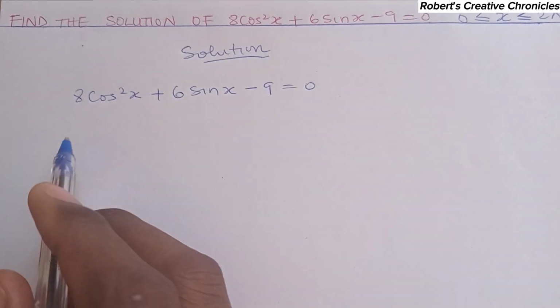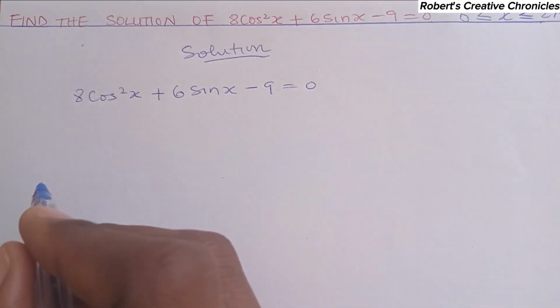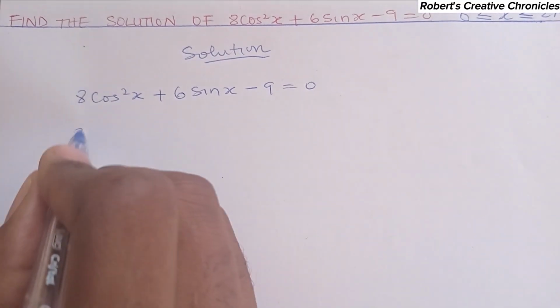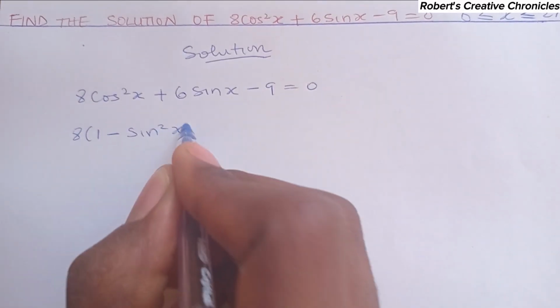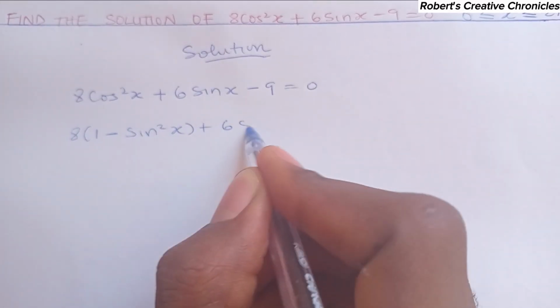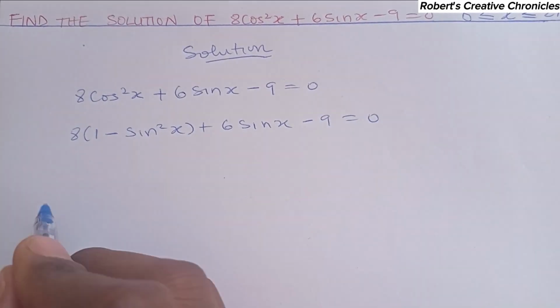And cos square x is equal to 1 minus sin square x, from the relation sin square x plus cos square x equals 1. So 8 times 1 minus sin square x, plus 6 sin x minus 9 is equal to 0.